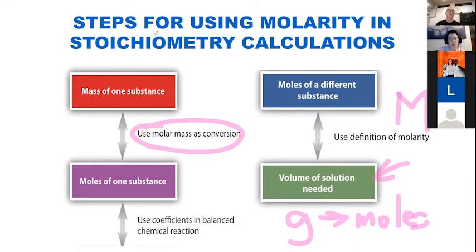That's already been done for us. We just use the fact that it's moles divided by liters to figure out how many moles there are. And then we just use our balanced chemical reaction, which is always the first thing we do in these situations. And then we go ahead and figure out the problem.